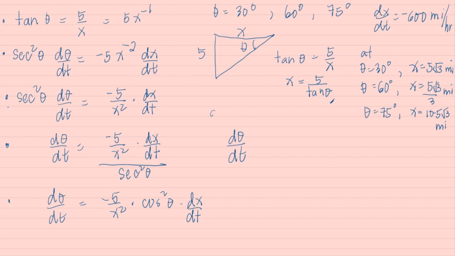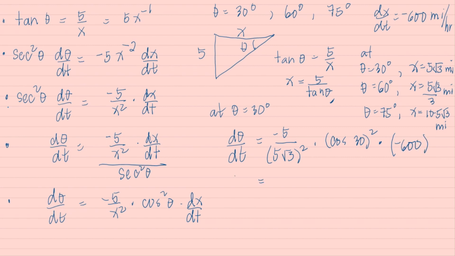So at theta equals 30 degrees, we have to substitute the value of x and theta. We have negative 5 over the value of x, which is 5 square root of 3, squared, times cosine of 30 degrees, squared, and finally, times negative 600 miles per hour.